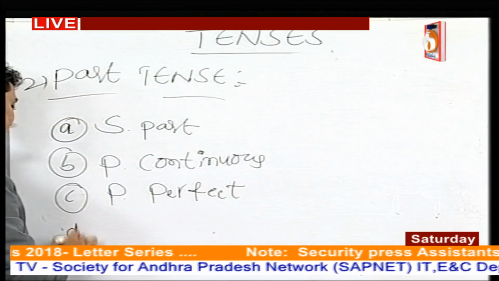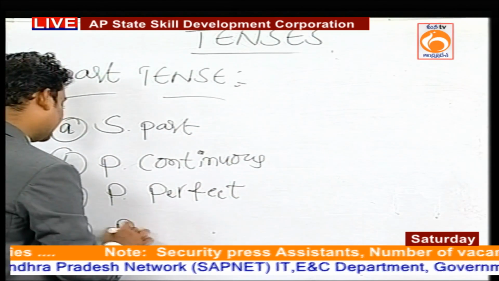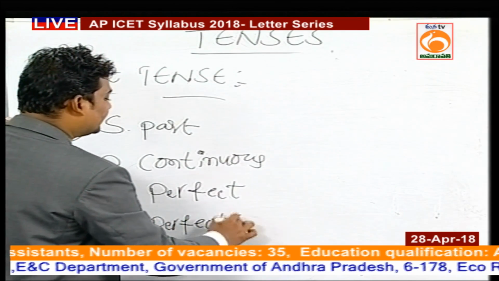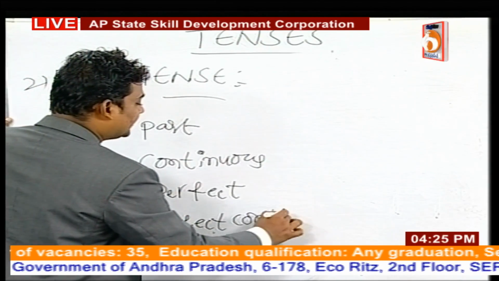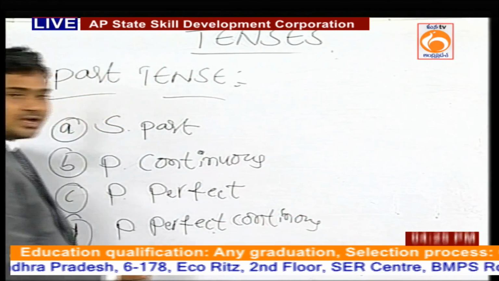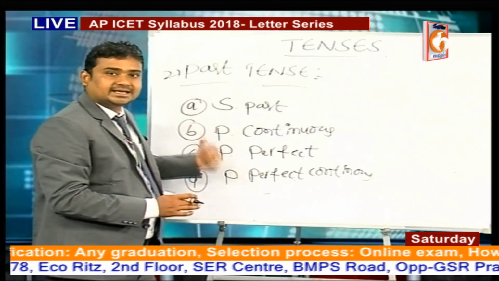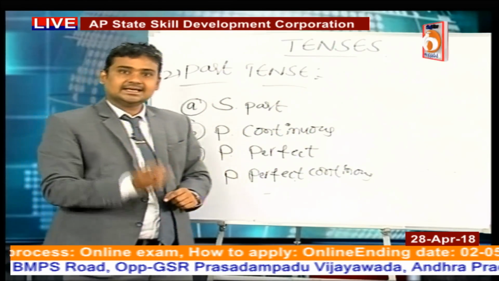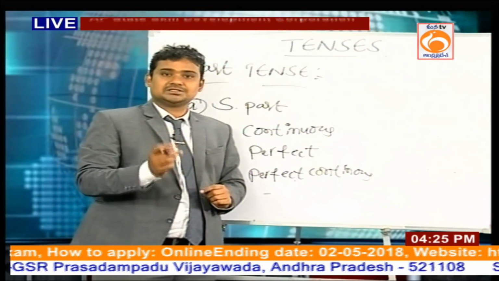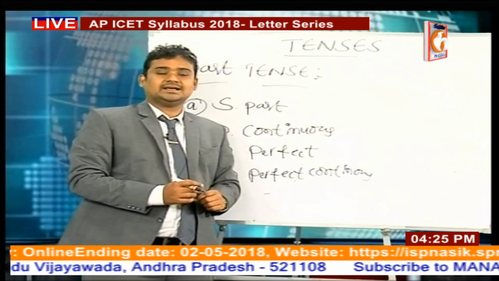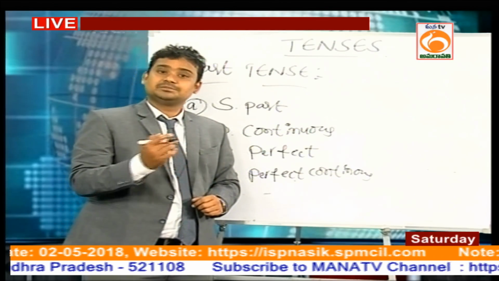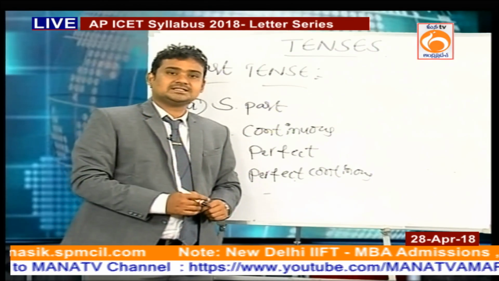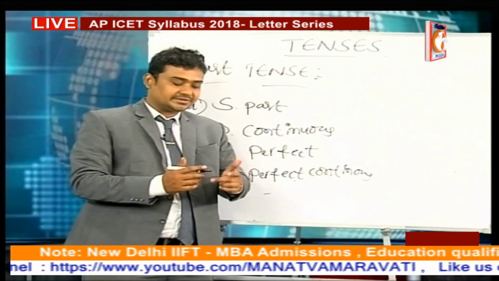The last category is past perfect continuous tense. So past tense also has 4 subcategories. The first subcategory of past tense, simple past. The second is past continuous tense. The third is past perfect tense. The last subcategory of past tense is past perfect continuous tense.